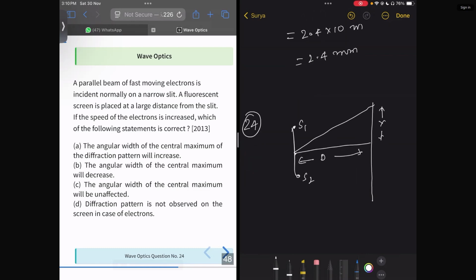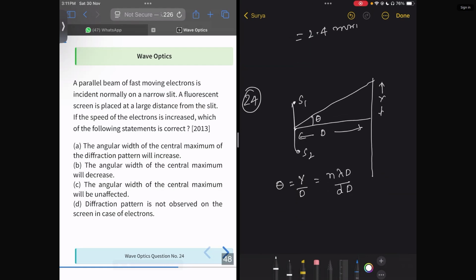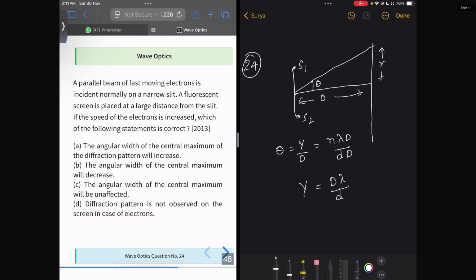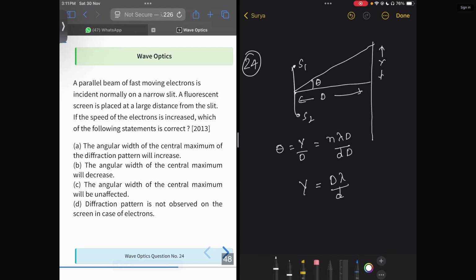Suppose theta is equal to Y by D. So it is n lambda D by small d. So Y is equal to D lambda by small d. So theta is equal to lambda by d.